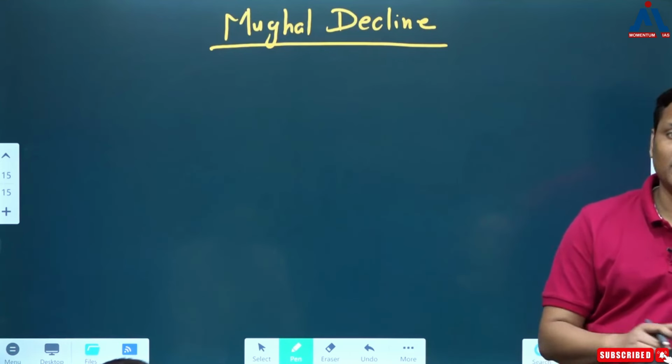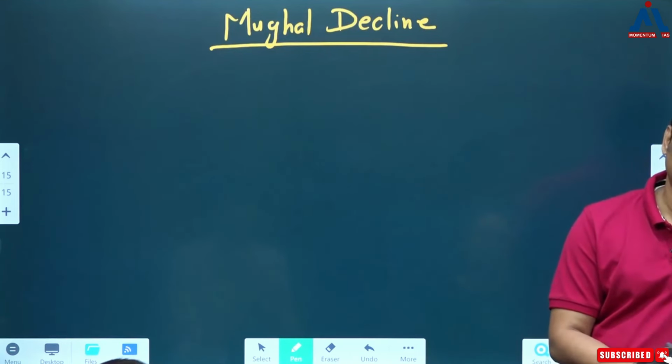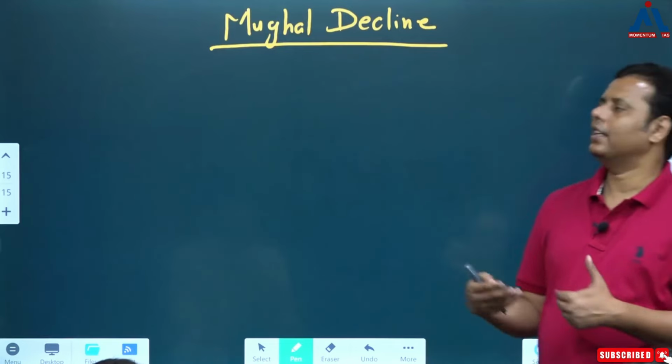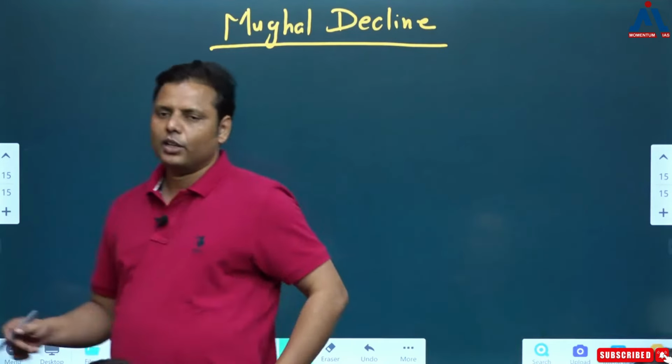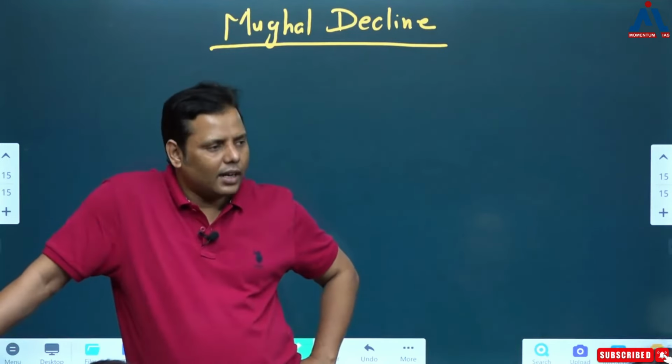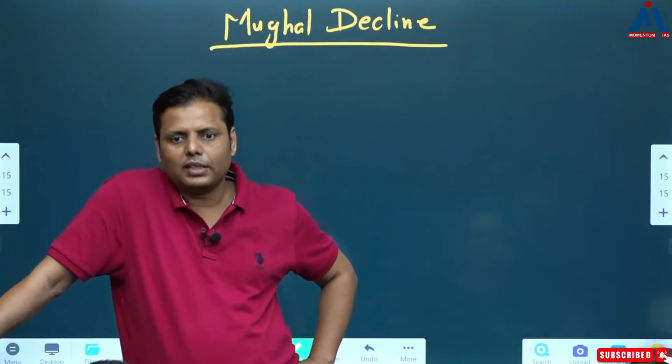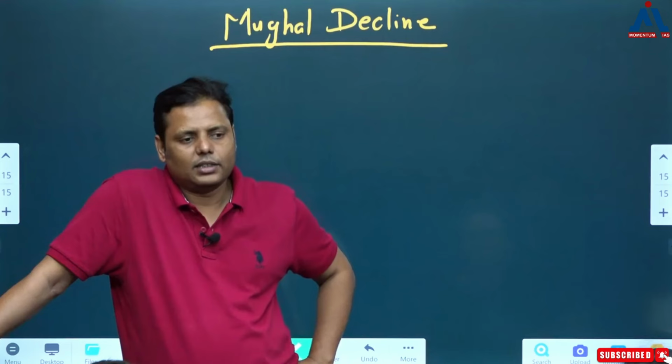Now, why did the Mughals decline? There might be so many things. Okay? As it is very popularly seen in history, if any empire is declining, there might be many reasons behind it, such as a very popular reason, weak successors. It is believed that Aurangzeb was very powerful, but his successors were not that powerful, and that's how the Mughals declined.